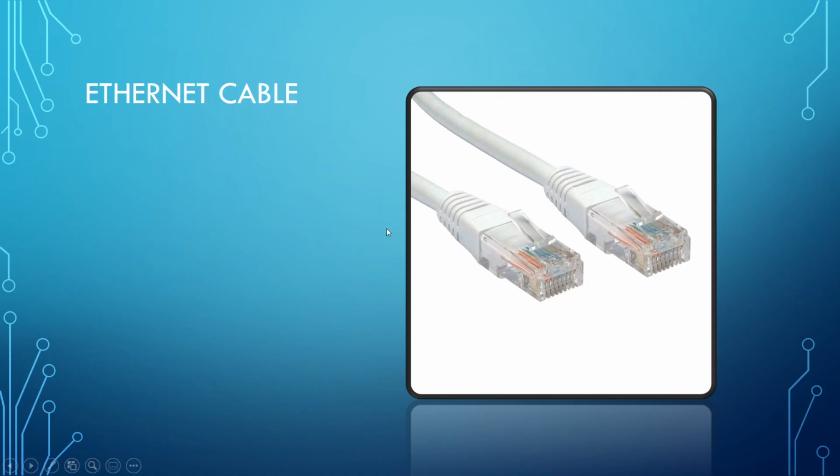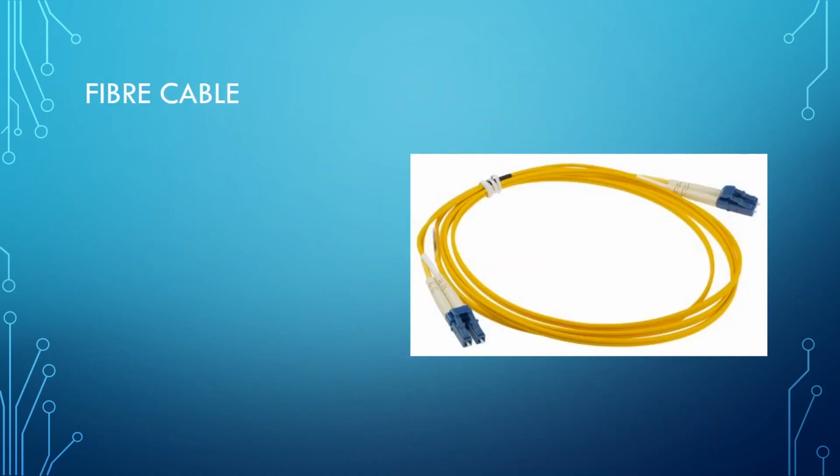There are different categories, different standards of Ethernet cabling. We will get into those when we look at Ethernet in depth. We've got Cat5, I think, which runs up to 100 megabits per second, Cat5e, which is 1 gig. We've got Cat6, which can run at faster speeds, I think up to like 10 gig or something, and then we've got Cat6a, etc.